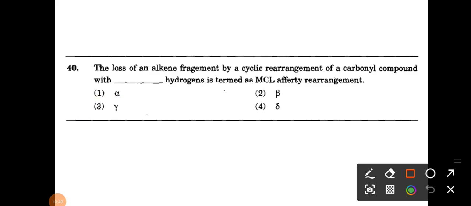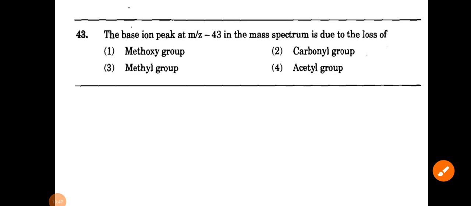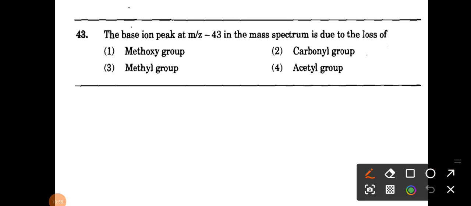Okay, so the next question: the base ion peak at m by z 43 in the mass spectrum is due to the loss of, right? So the question is that m by z ratio 43, the options are methoxy group, carbonyl group, methyl group and acetyl group. What is the answer here?